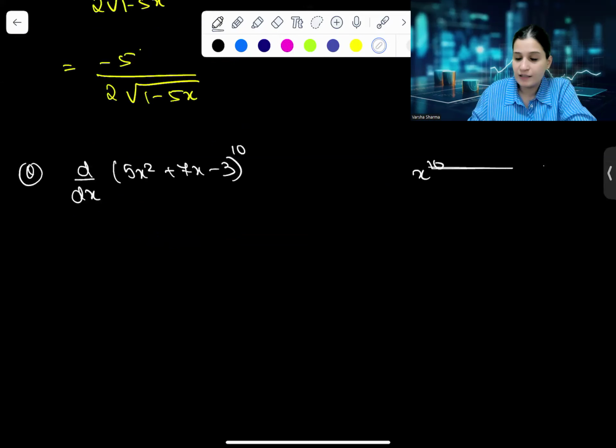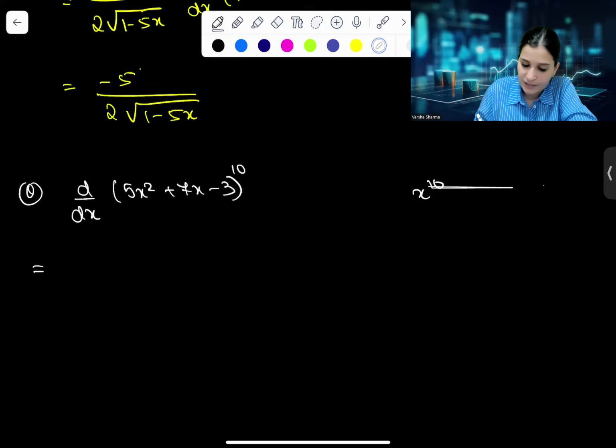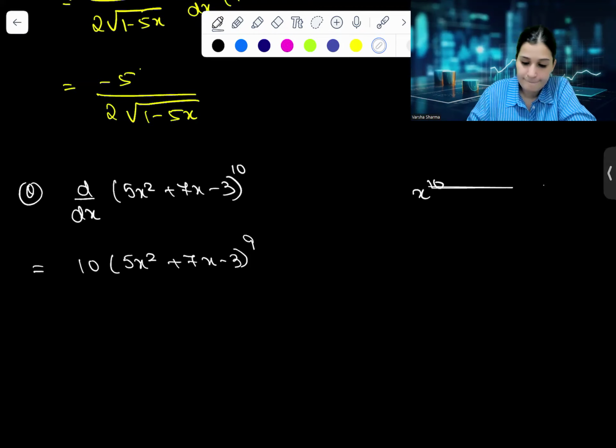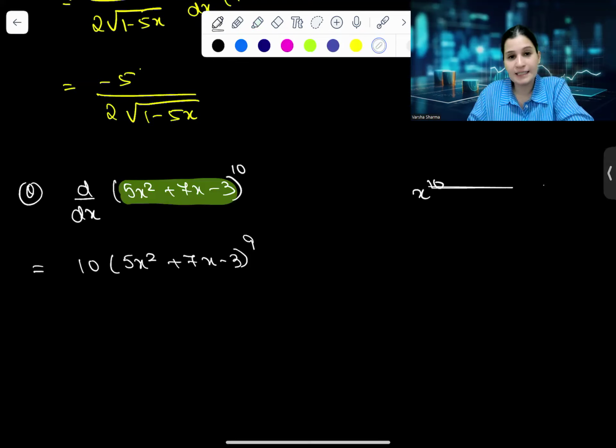So x power 10. What is the differentiation of x power 10? Minus 10 by x to the power 11. Wrong. 10x to the power 9. Yes, 10x power 9. And what is written instead of x? What is the term instead of x? 5x square plus 7x minus 3.